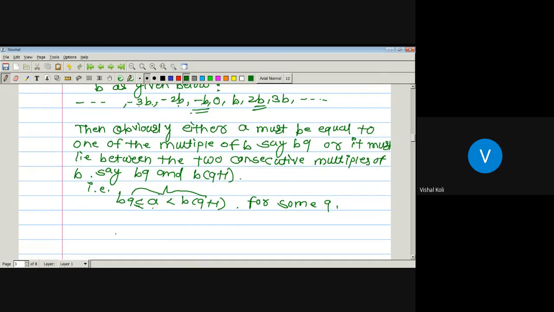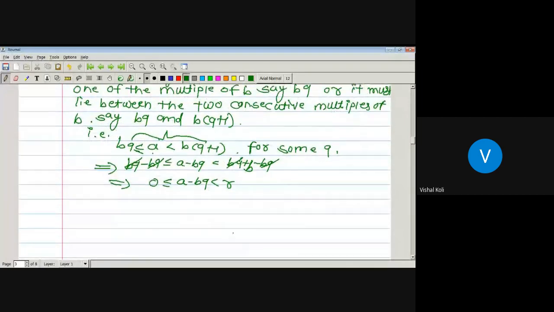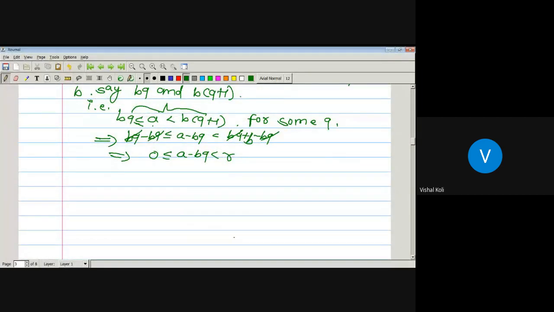Now subtract bq from both sides. Then bq minus bq is less than or equal to a minus bq, which is less than bq plus b minus bq. The bq gets cancelled, so here it is nothing but 0 is less than or equal to a minus bq, which is strictly less than b.